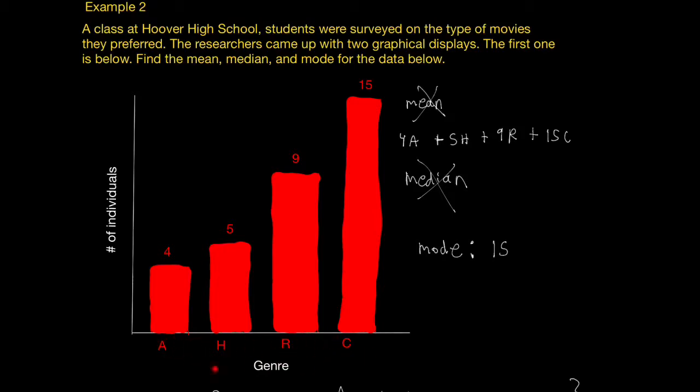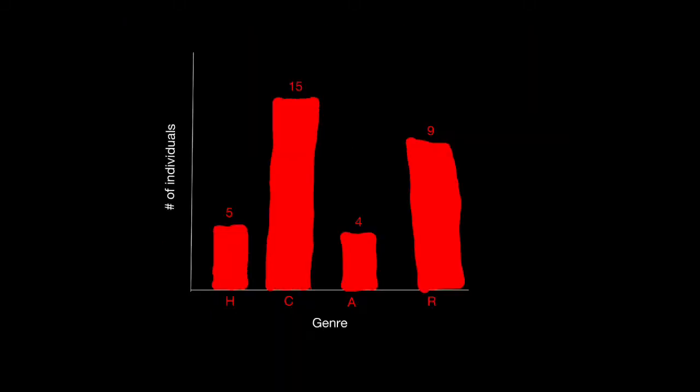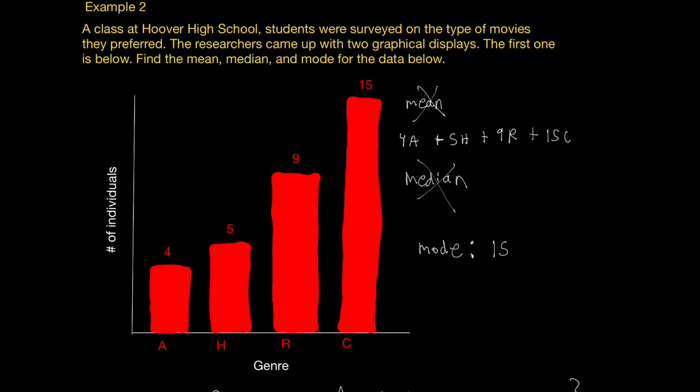We don't know that A is larger than H. We don't know that R is larger than A. And quite frankly, for bar graphs, we really don't care about that, right? So here, for qualitative data, the bars can be rearranged because we don't care about median or mean. All we care about is kind of like mode here. So the mode is still 15 regardless of how it's rearranged.